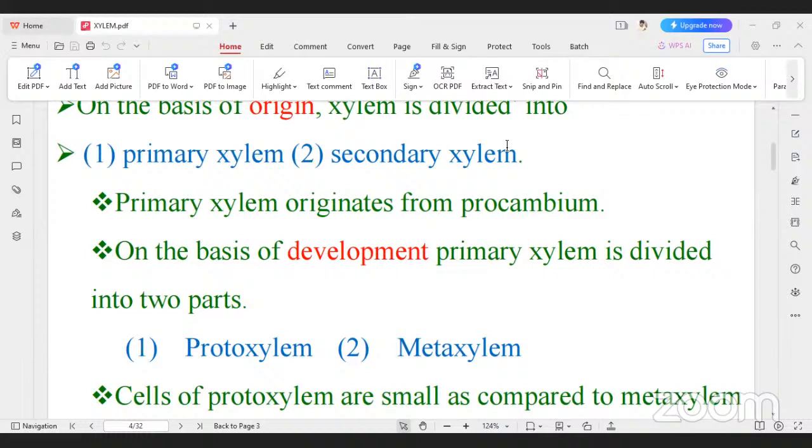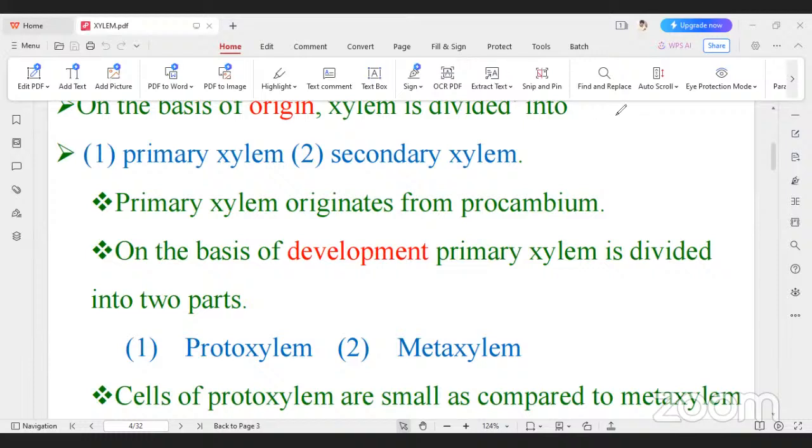You must have learnt this already during practical training classes, during section cutting. What did you observe in section cutting? What did you observe in xylem? Where is procambium?